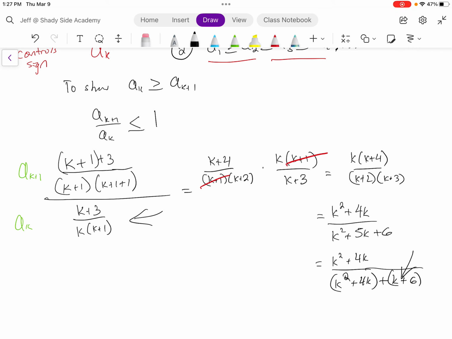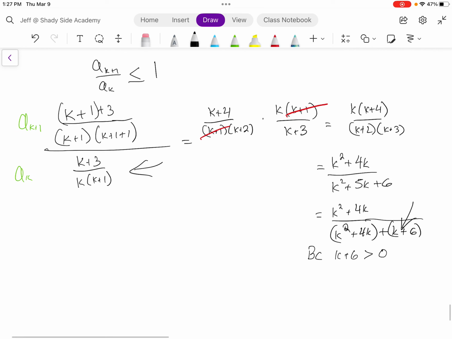So we know that this thing is less than or equal to 1 for sure, even as we go off to infinity and in close. So this is the proof that we want, right? Because k plus 6 is greater than 0, right?